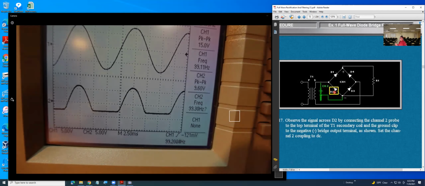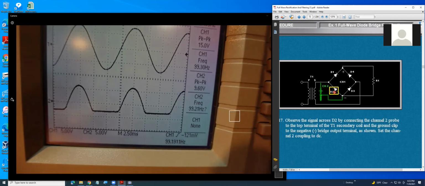So you can see the output. What's the name for that output? Halfway, half-wave rectifier. The thing is they connected the output of the D3, so that's just a half-wave. And since it's half-wave, the frequency is the same, right? Yeah, the same as the input.